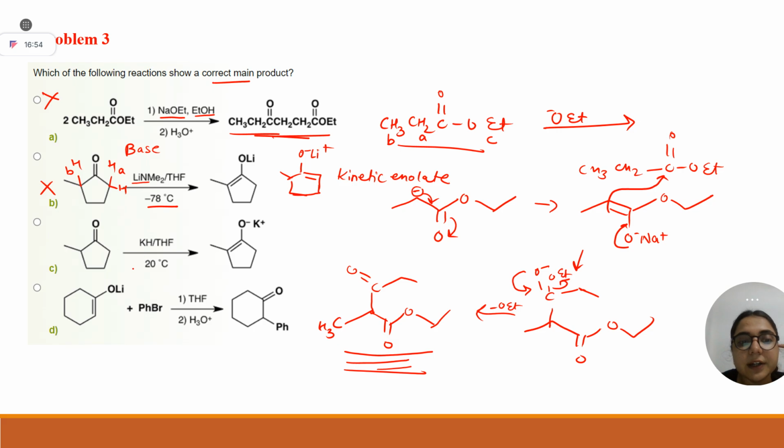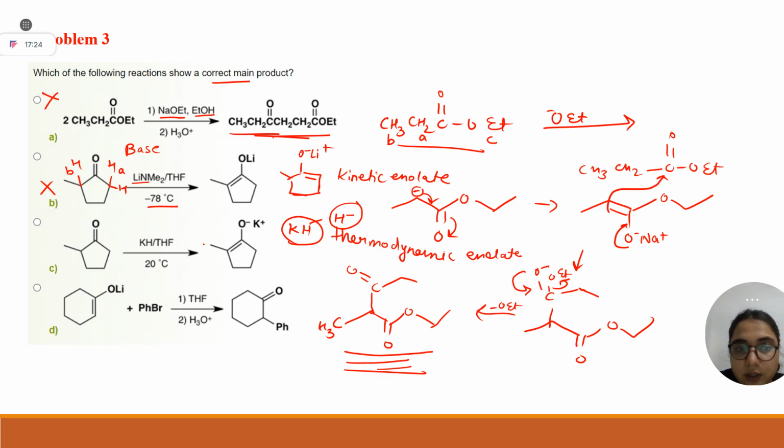Okay, potassium hydride. Remember, potassium hydride will make your thermodynamic enolate because H negative has a very small size, right? So it will form your thermodynamic enolate. It will form the enolate which is more stable, and the stable enolate is this.